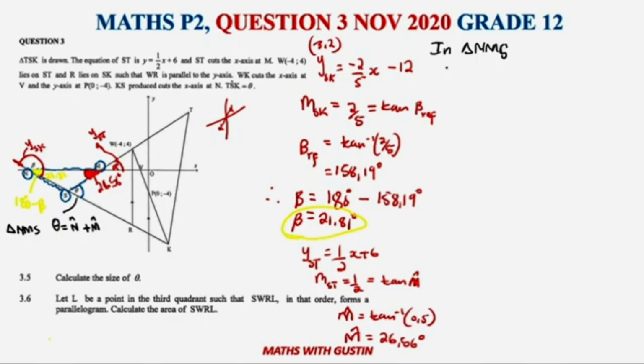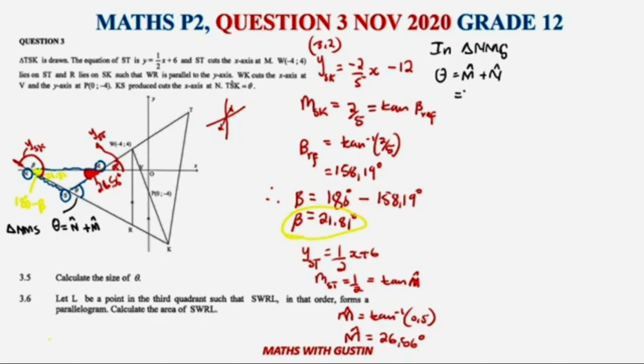So you can come here and say, all right, therefore in that triangle theta is going to be equal to M plus N. Why are we saying that? Because the exterior angle of a triangle is equal to the sum of the interior opposite angles, Euclidean geometry. I'm not going to write it here, guys, because I've already explained this in question 3 of November 2020. I already explained it in question 3 of November 2021.